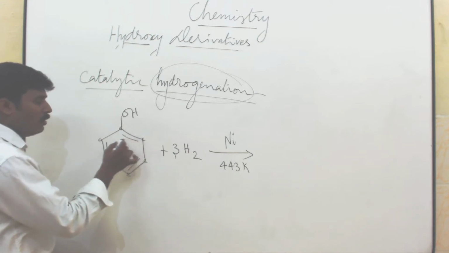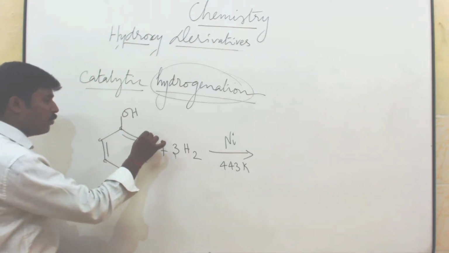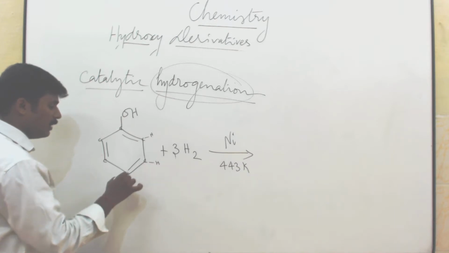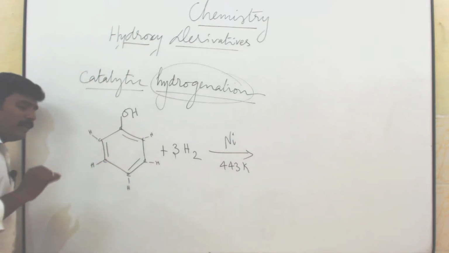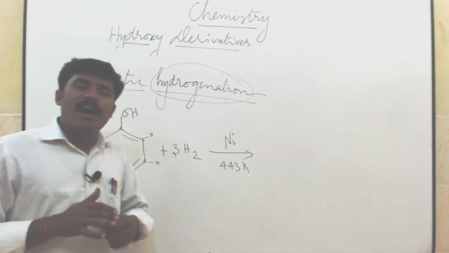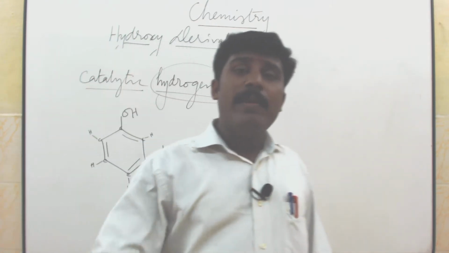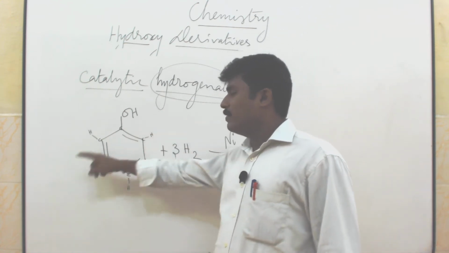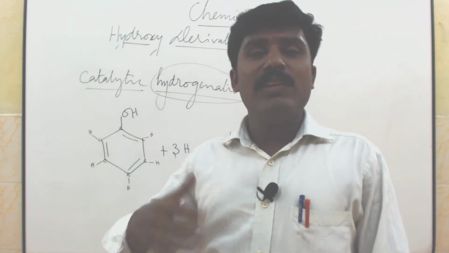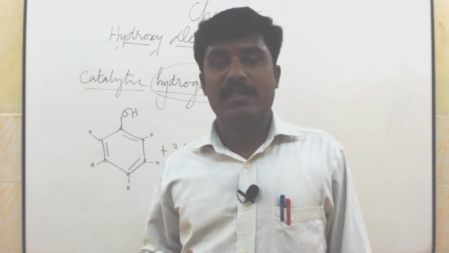Here 1, 2, 3 bonds, and the remaining one is what? Only one hydrogen atom is there. So when we simply draw a benzene ring, it indicates that each and every corner contains one carbon and one hydrogen atom. C6, CH, CH, CH, CH, likewise. Then only the molecular formula will satisfy C6H6.